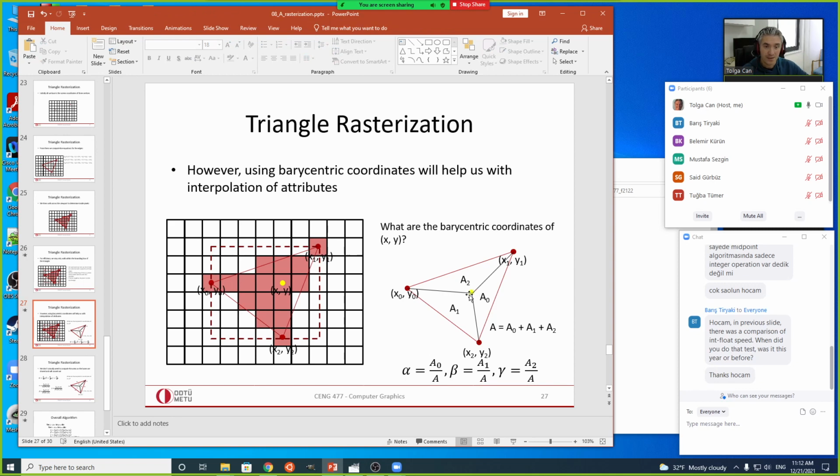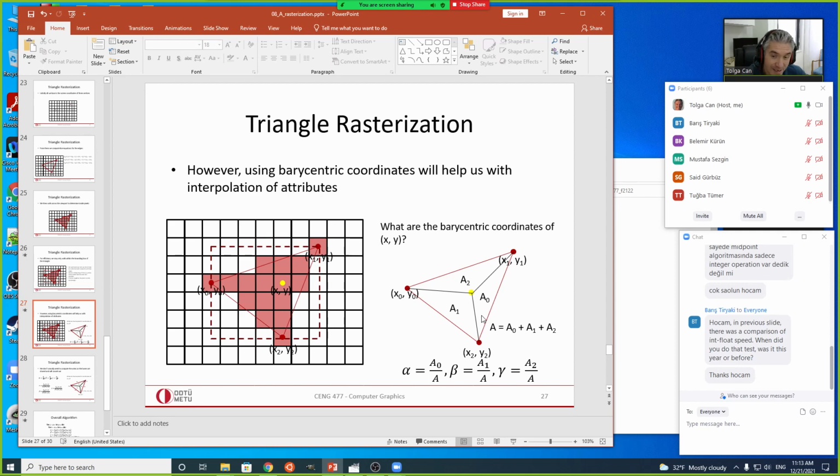This value can be found by, again, looking at how far this point is from the line. For example, A0 is going to be largest when this yellow point is exactly on this vertex. It will happen when this point is as far away as possible from this edge.